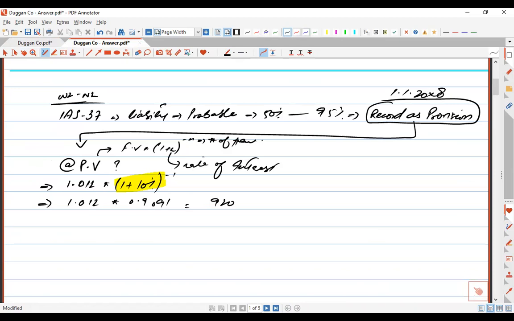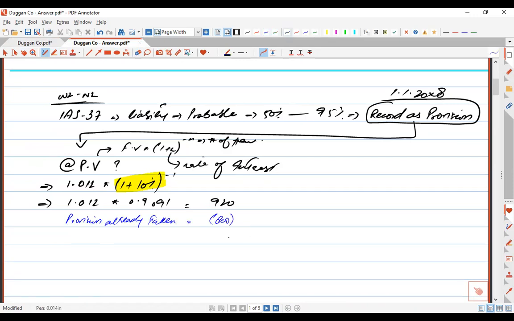So next heading over here: provision already taken. Provision already taken is an amount of 800 as given in the note.